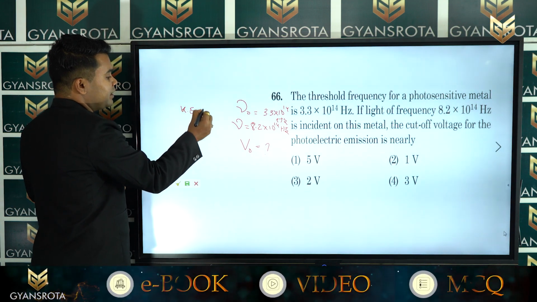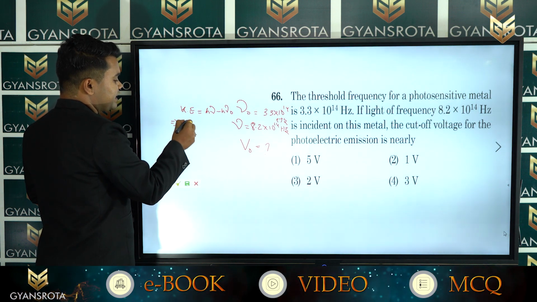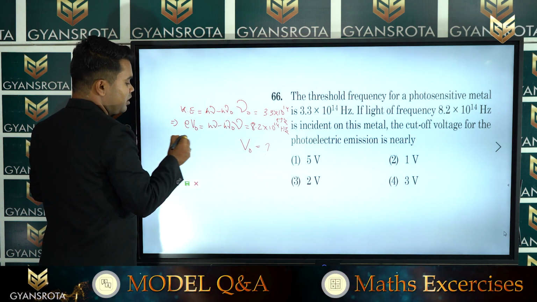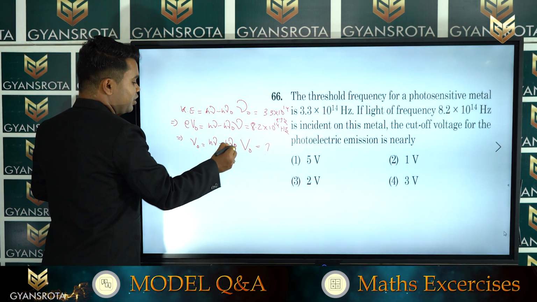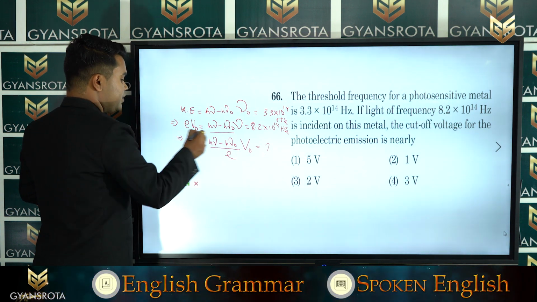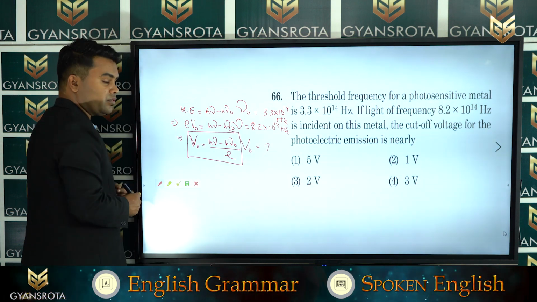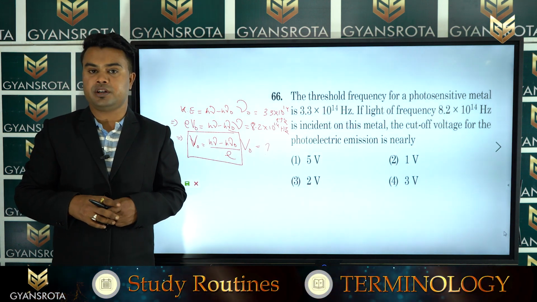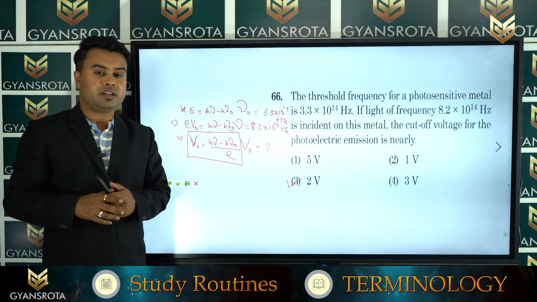We know that h mu minus h mu naught, and kinetic energy can be written as eV naught. So, your V naught will be equal to h mu minus h mu naught divided by e. If you use this formula, your correct answer will come. This is V naught, the cutoff voltage, and the right answer will be 2 volt. So, I will click on 2 volt.